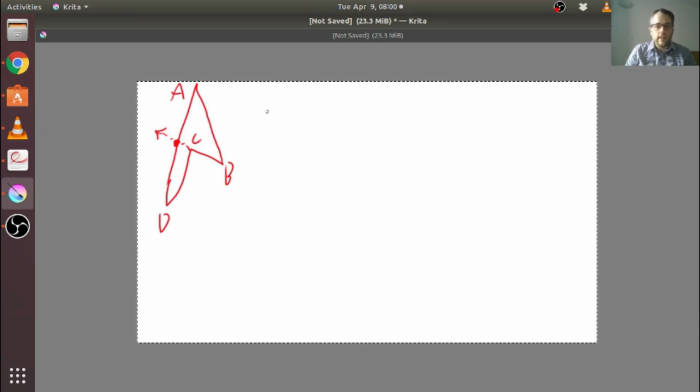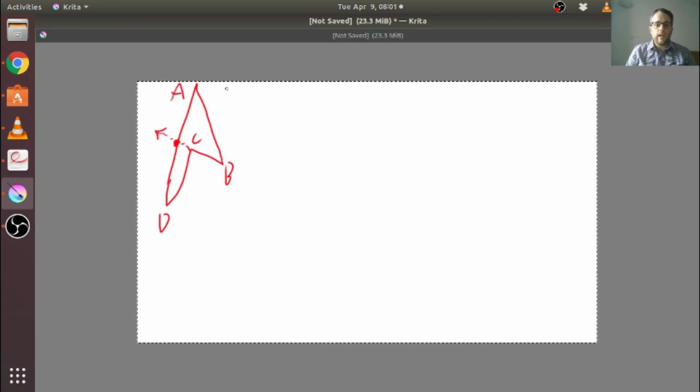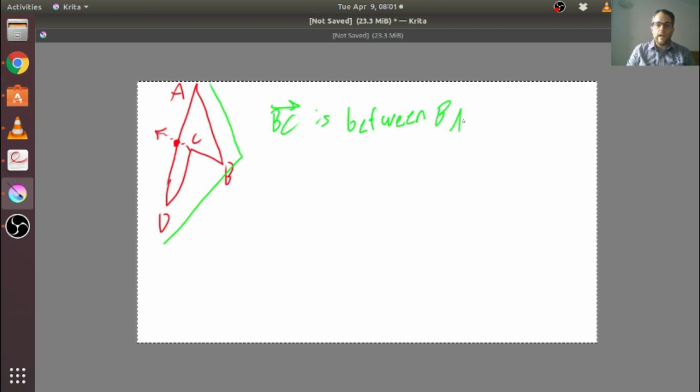Well, what does that mean? That means if this ray hits this side, then let me look at the big angle right here, ABD. That means BC is between the rays BA and BD.